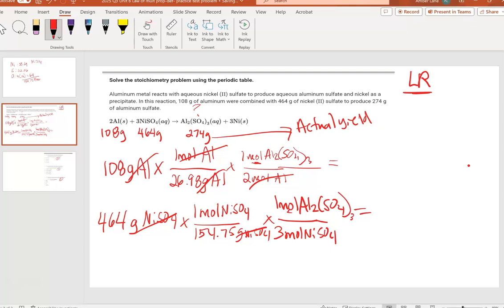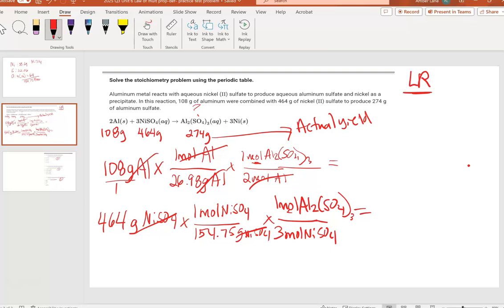I'm going to start with my top equation. So you multiply everything straight across. Again, remember you could put a 1 here. I'm going to multiply everything straight across and divide by anything that's on the bottom. So I'm going to do 108 in my calculator divided by, I don't have anything on the top, I only have 1s, so I don't have to multiply it other than by 1.